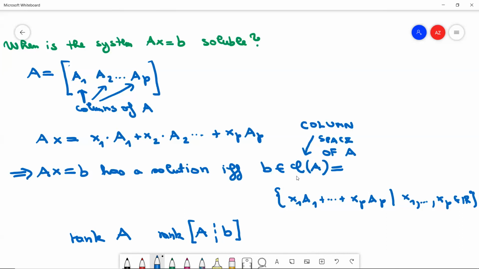The rank of A extended with B can be either the same as the rank of A, or one bigger because we add one column. But the system is solvable if and only if the ranks are the same. So the ranks are the same if and only if B is in the column space of A.